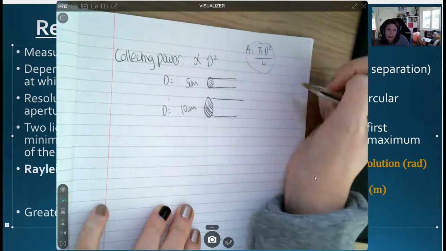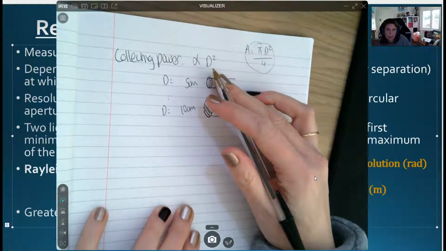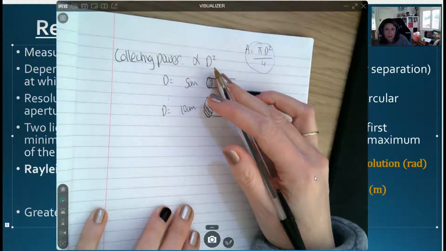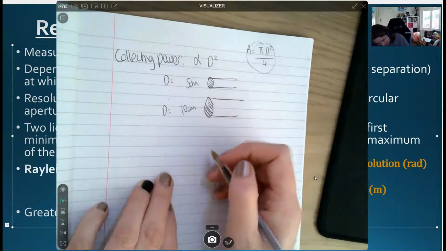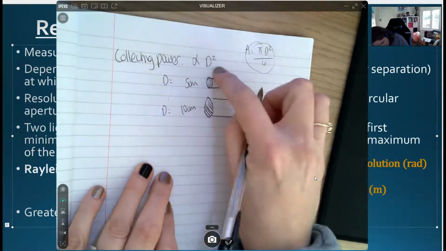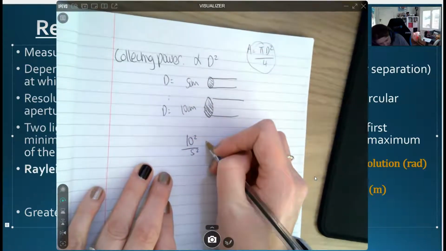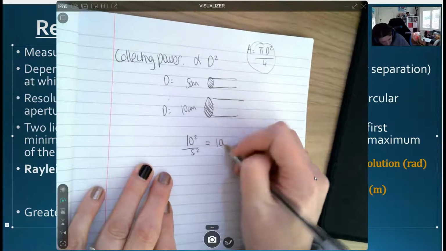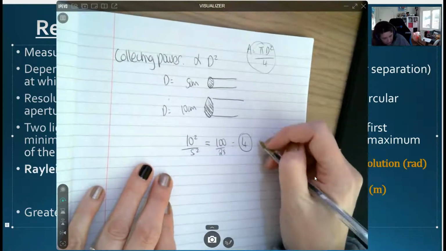So this one has a greater collecting power because its diameter is greater, so you can collect more photons. Should we see how much its collecting power is greater? Because it's proportional to d squared, if we do 10 squared over 5 squared, we get 100 over 25, which is 4. So its collecting power is 4 times greater.